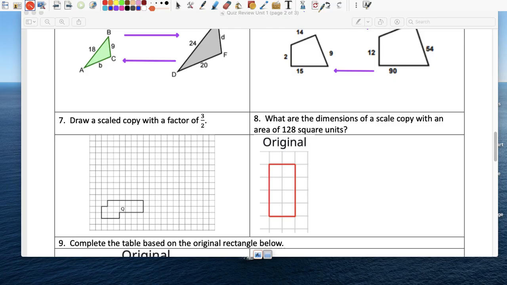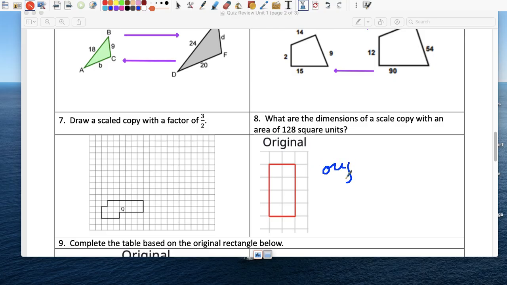This one requires a little bit of thought. So here is an original. The original, let me write, original. You don't need a perimeter, but I'm going to write it anyway.